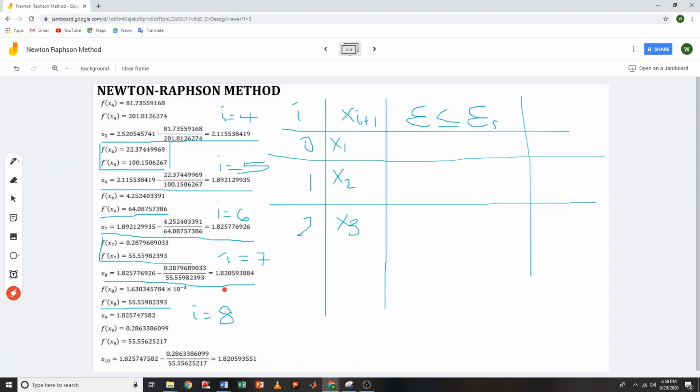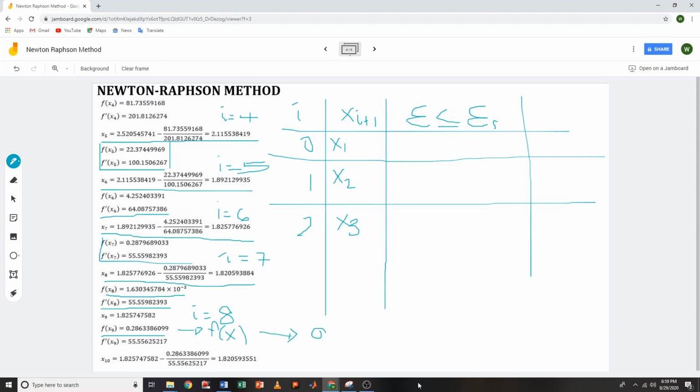So therefore, we conclude that this value is the root of the function. Because as you can see, by evaluating f of x9, f of x8 is approaching 0. So our f of x is now approaching 0.